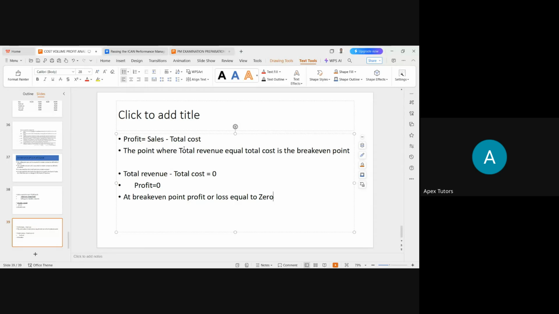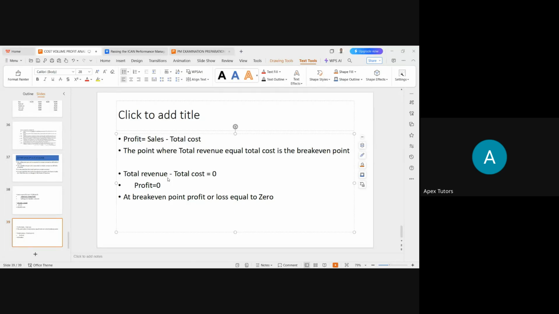So the break-even point computation is very important because it helps you as an organization to determine your set targets in terms of sales. For you to achieve a stipulated profit, you can set a target in relation to sales, and it can help in guiding your pricing decision.